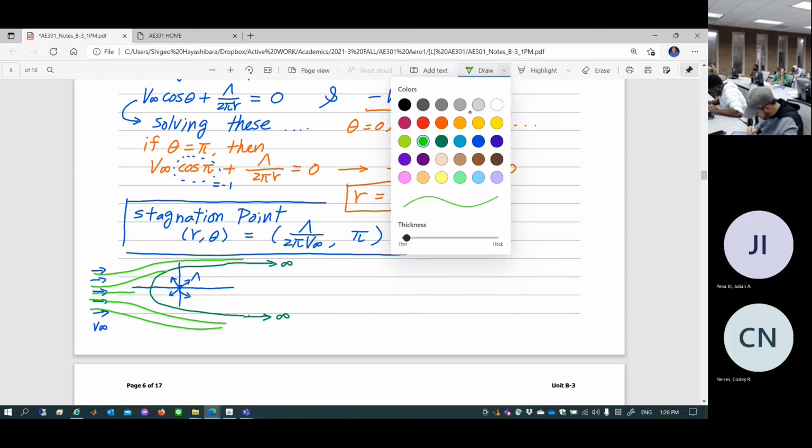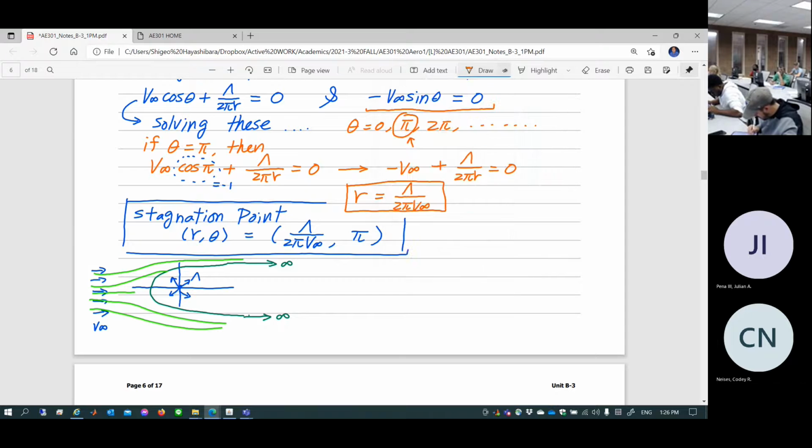And one important streamline I have to emphasize here. Since we understand this is the stagnation point, theta equal to pi, the distance measured from the coordinate origin here is going to be lambda over 2 pi b infinity. Let's put the capital R here.